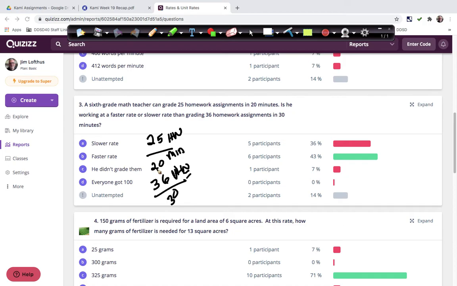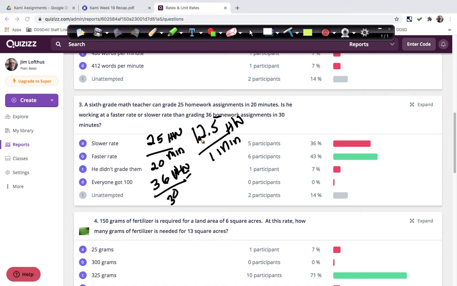So this one is 25 divided by 20, and that's 1.25.